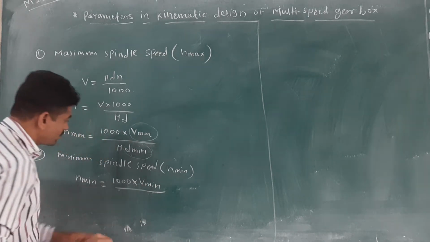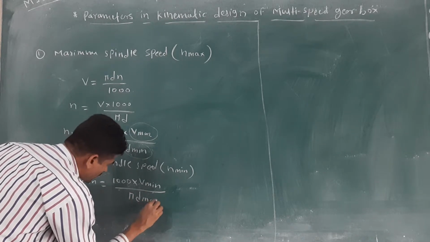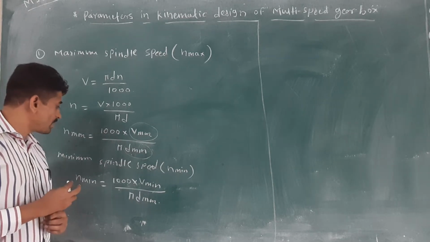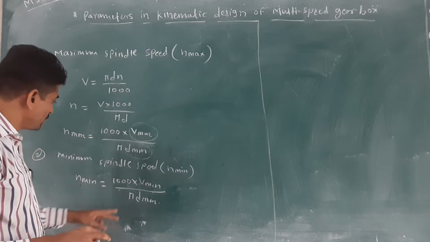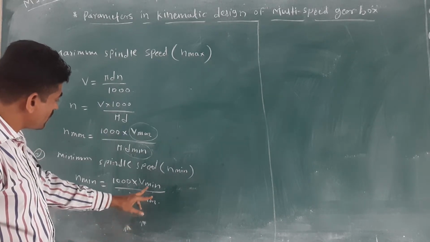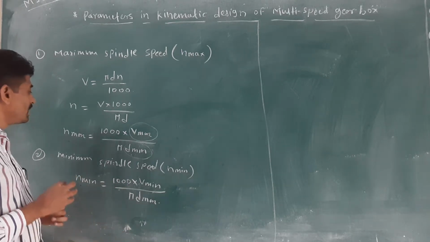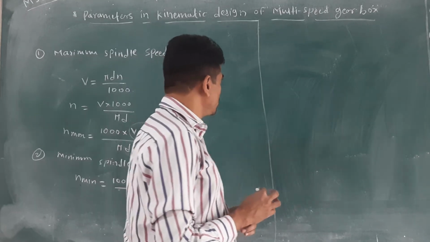When we keep cutting speed minimum and diameter range maximum, at that time we will get the minimum spindle speed. All of you getting? This is the second part.